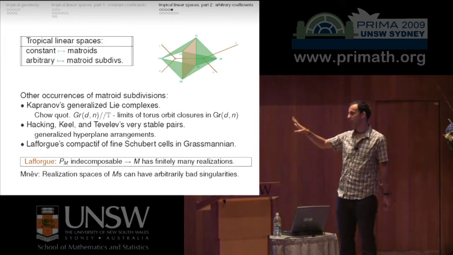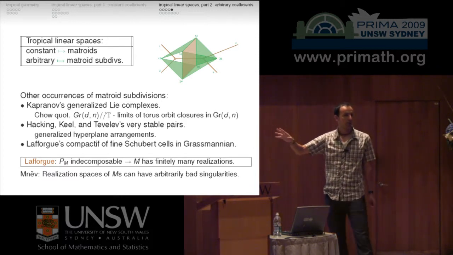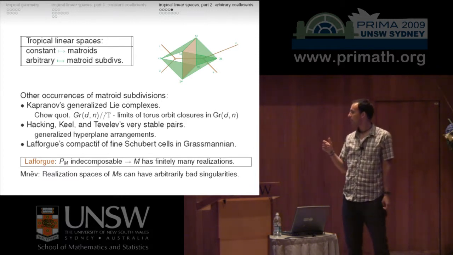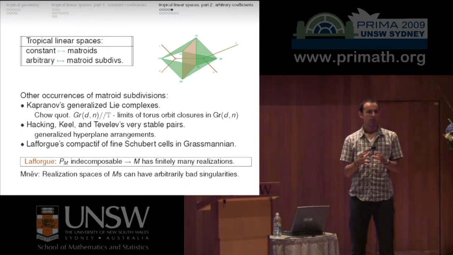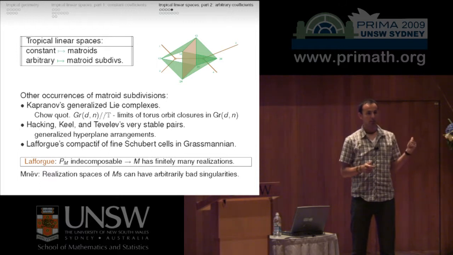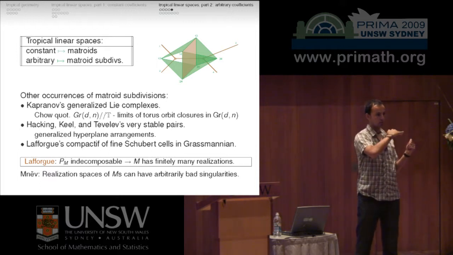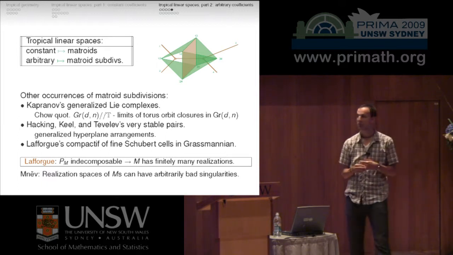But maybe one thing I will say is that there's a very nice theorem of Lafforgue, which says that if you have a matroid polytope that is indecomposable into smaller matroid polytopes, then that tells you a lot about that matroid. It tells you that the matroid can only be realized by finitely many linear spaces, up to trivialities, up to projective transformations.